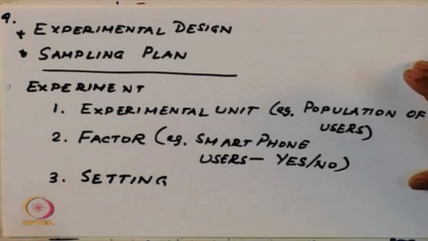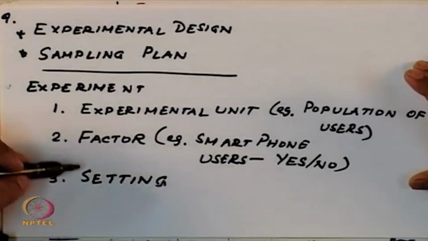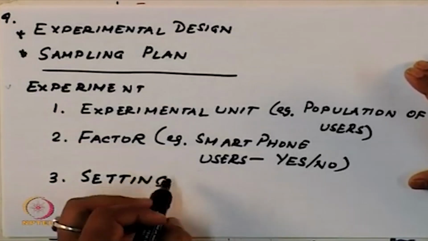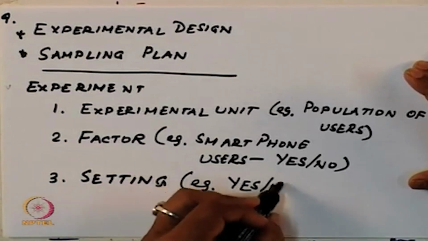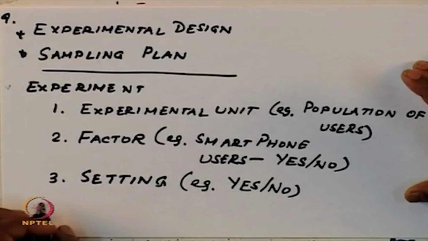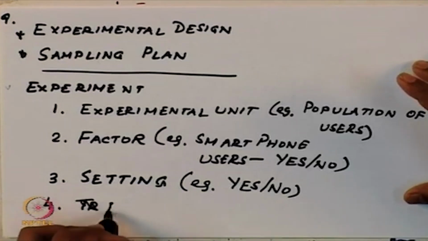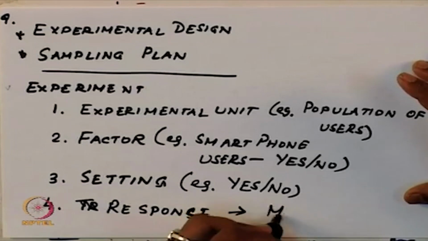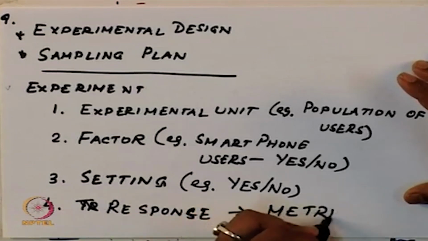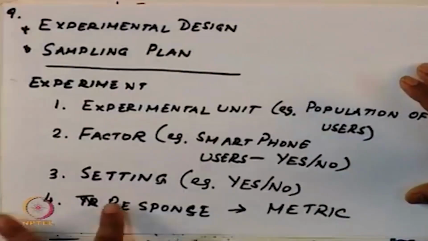Setting is a value or the intensity scale of the factor. In this particular example, my setting is simply yes or no. And you have the response, which is basically whatever metric you calculate from the statistics. So, let us take another two examples to clear these ideas.